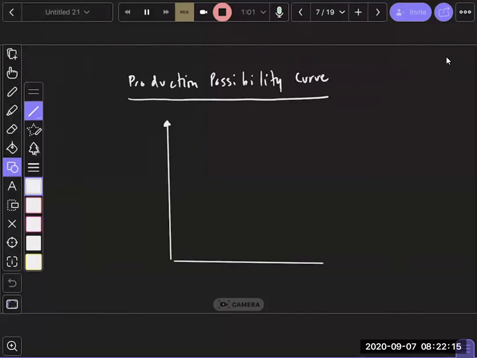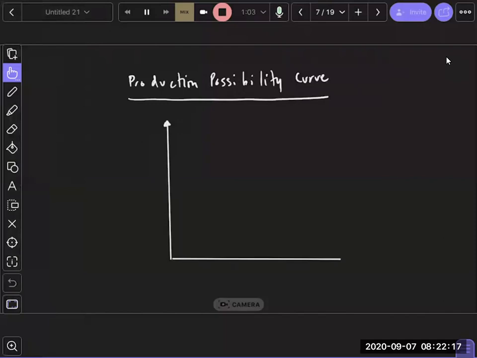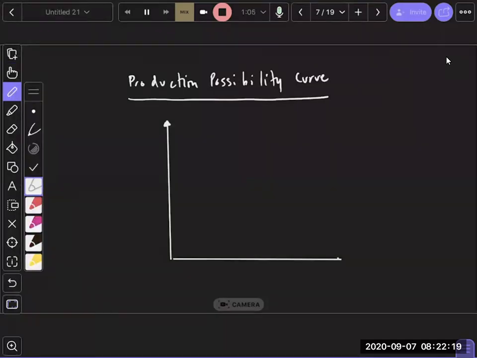It's a very simplistic model, so you can't get too much out of it, but it's a very logical model to begin with, because it shows us how a country is probably utilizing its resources. It also tells us a lot about choices, opportunity costs and many other concepts that we've been introduced to, so it gives us a good introduction.